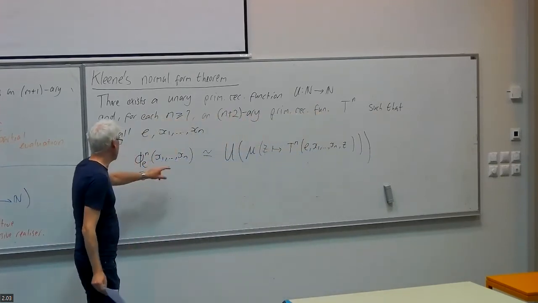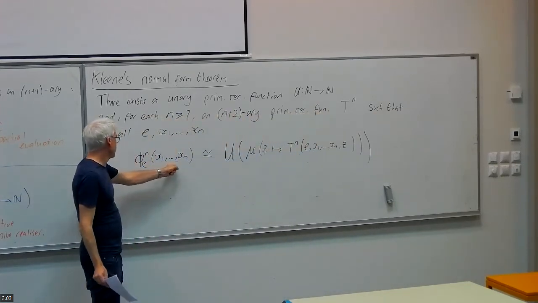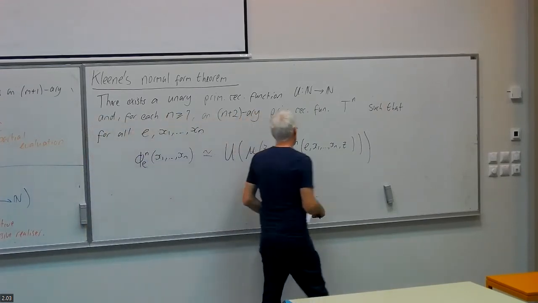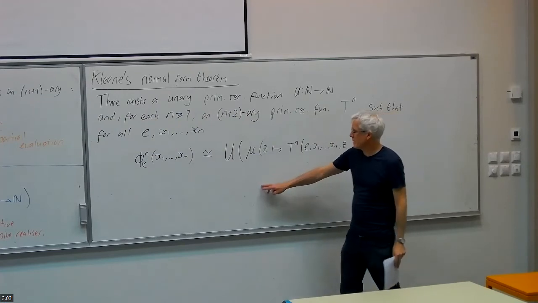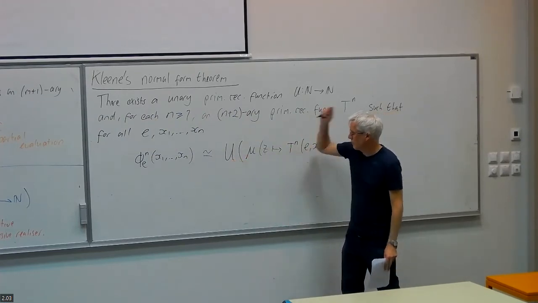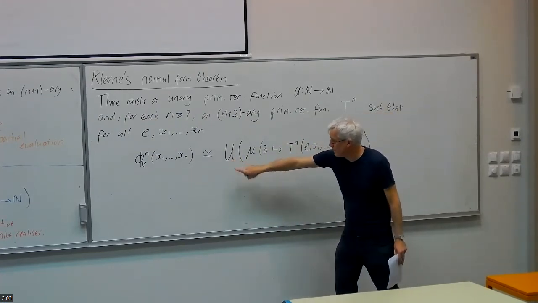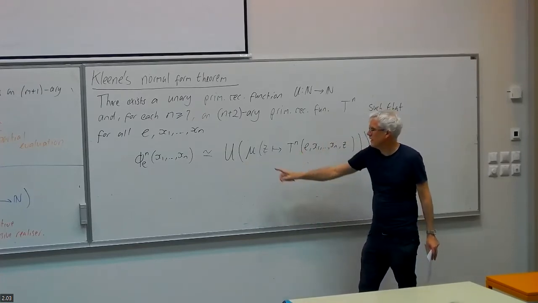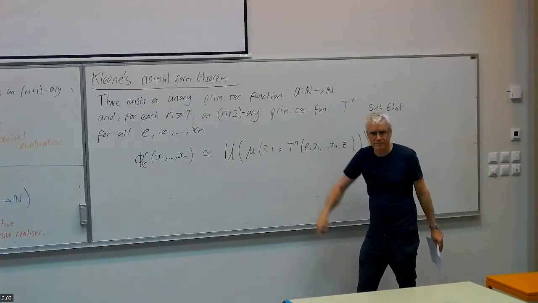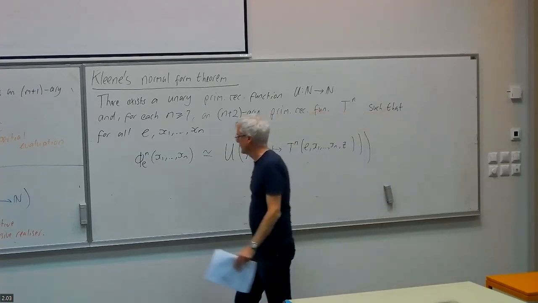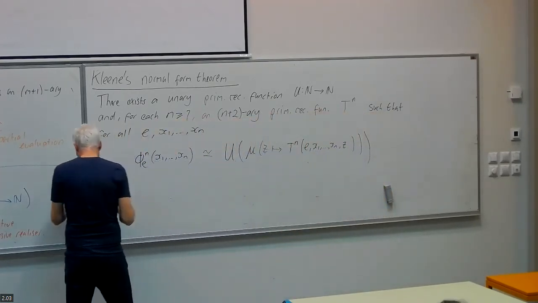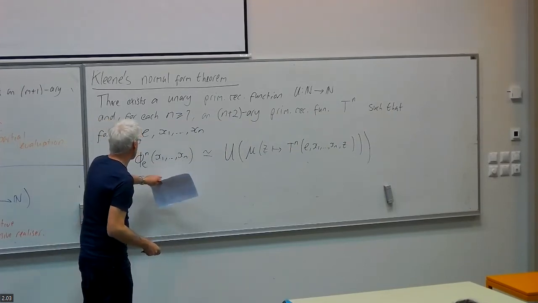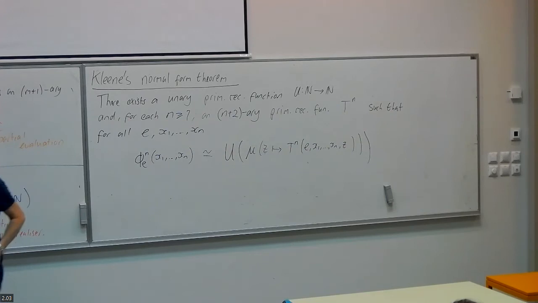So any e indexed partial computable function we can always get from these two primitive recursive functions, u and t, and a single minimization. So it looks a bit preposterous. So just to remark on two things that hold here.